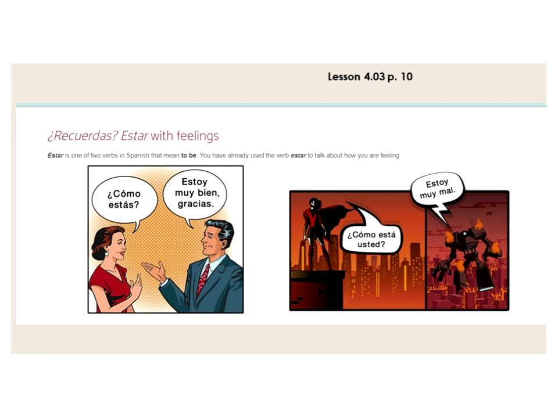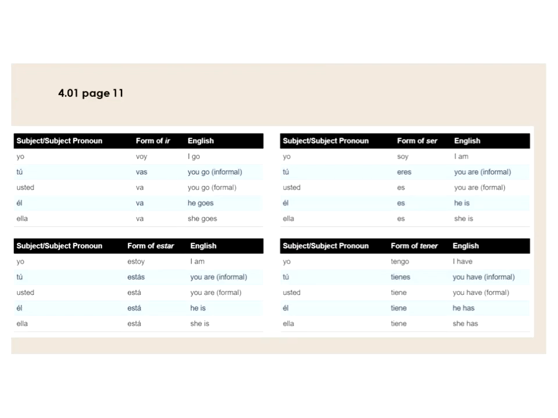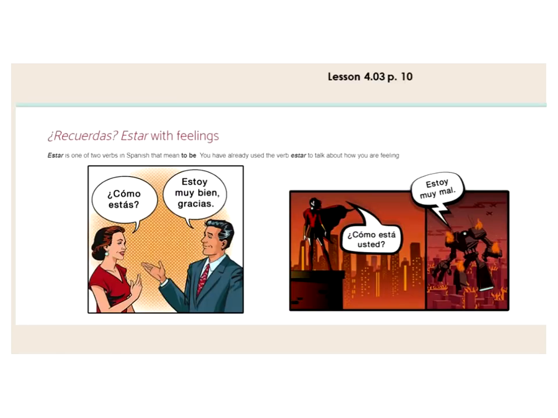Now in Lesson 403, page 10, it's reviewing again the verb estar. Estar is on that 401, page 11, meaning I am, you are. One of the first things we learned in Module 1 is ¿Cómo estás? Estoy muy bien, estoy mal.